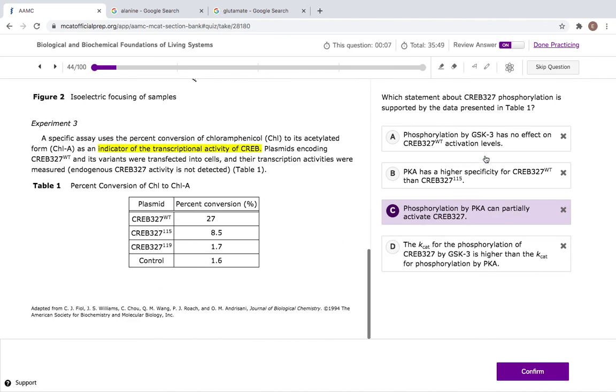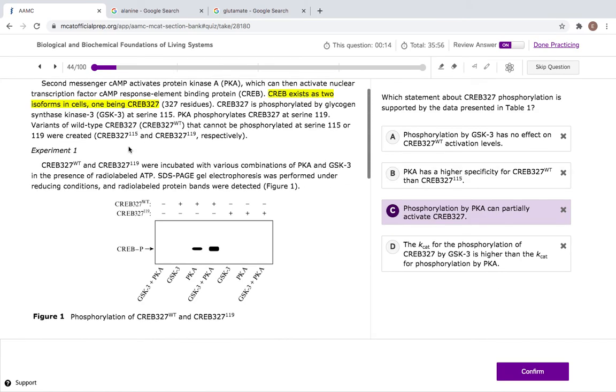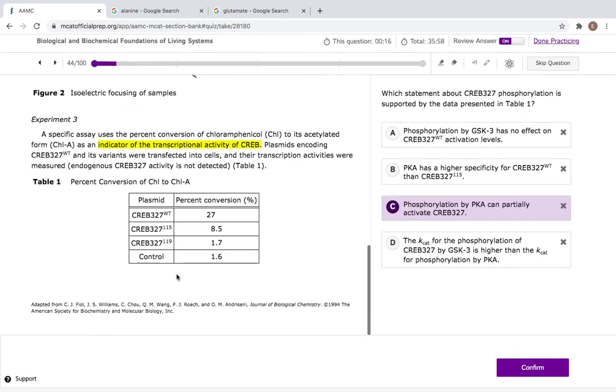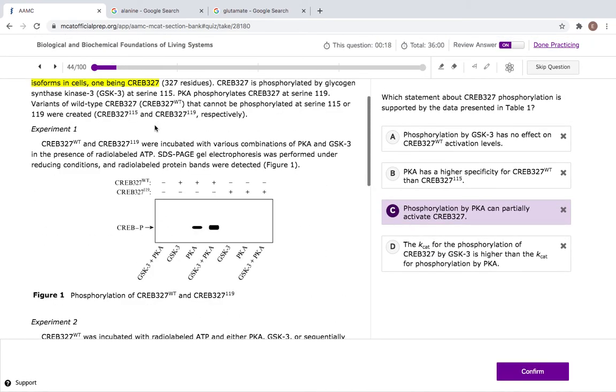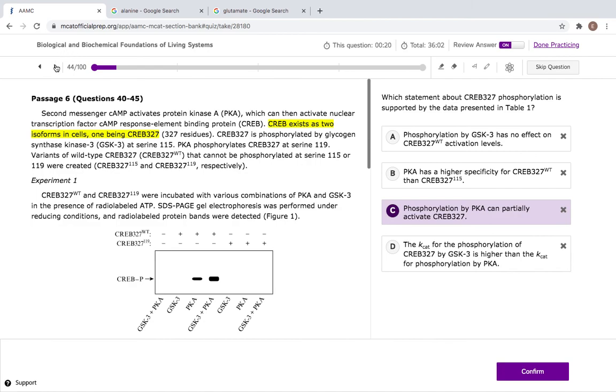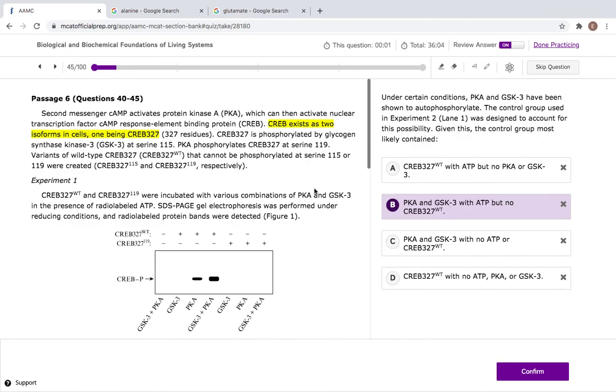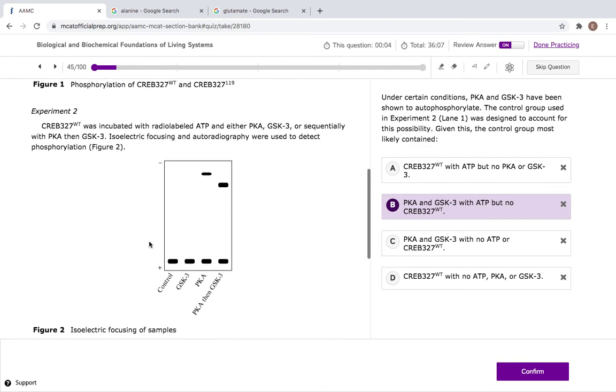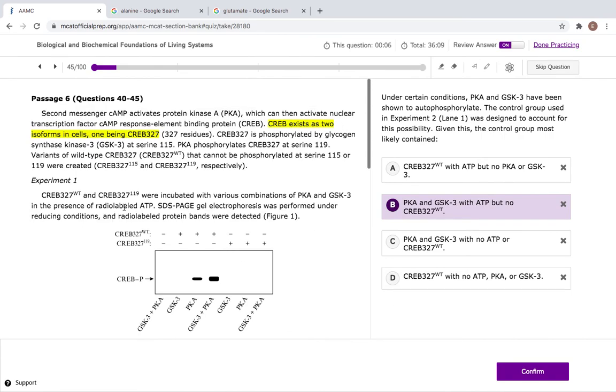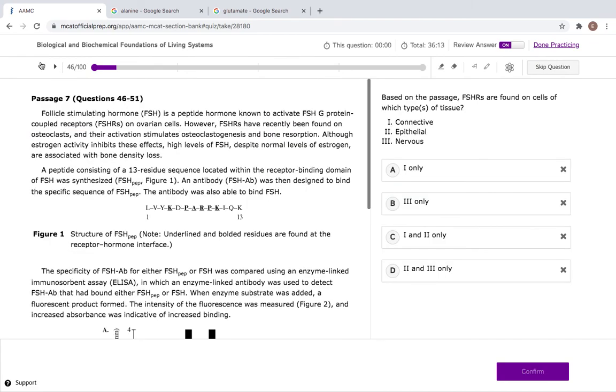This is probably the trickiest question. You guys probably got this one wrong. But again, you have to know what 115 and 119 are. And they tell you. If you forget, if you're unsure, you go back. And this is an easy one. You just have to know how experiments work here. Phosphorylate themselves. And yeah, that's it.